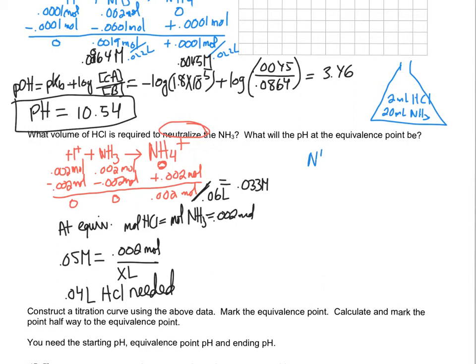So NH4+ plus water, that's an equilibrium. I form NH3 and then hydronium ion.